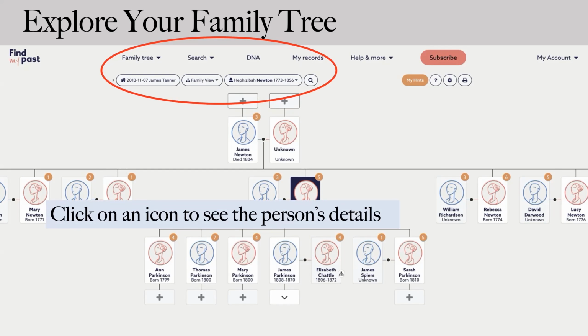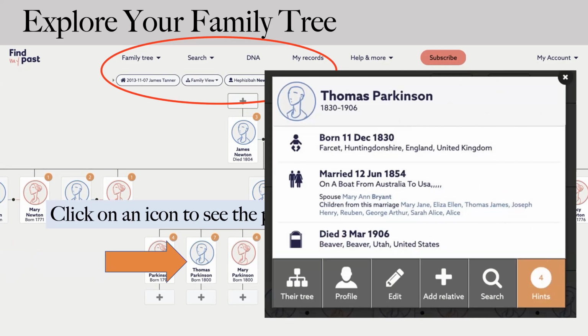All you need to do to see a person's details is to click on their icon. That will bring up a detailed summary of that person's genealogical information. In this case, vital information about born, married, and died, and links out to their tree.